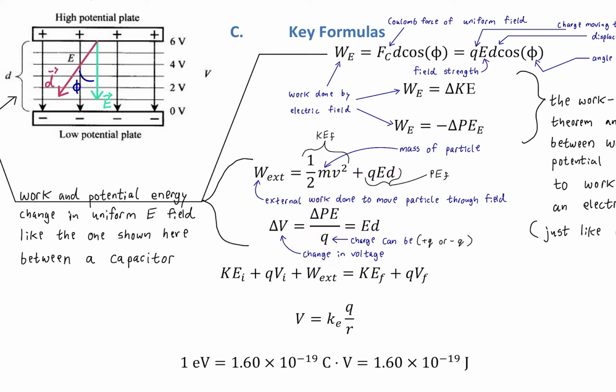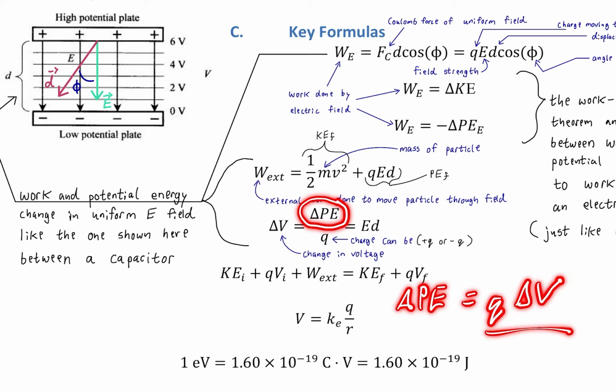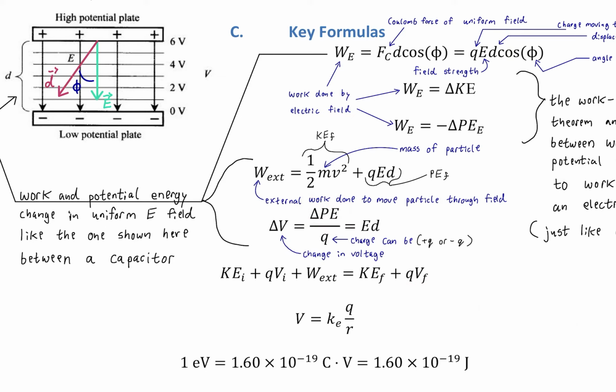But if you want to calculate the change in potential energy, delta PE equals, I'm just cross multiplying here, Q times delta V. So maybe the thing we're solving for is the change in potential energy. So then we're multiplying a perhaps known voltage by a charge. Well, in that case, just as with the work done by the electric field, you need to know if the charge is positive or negative, because that will change the sign of your result.